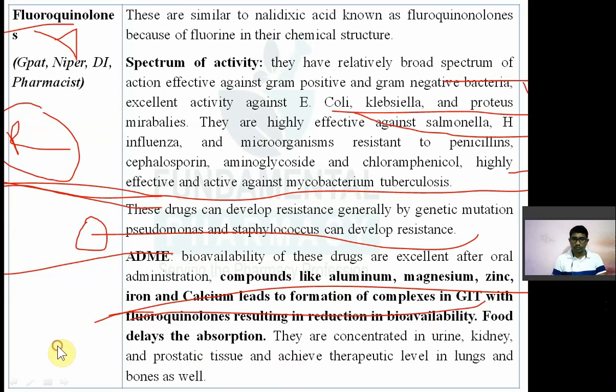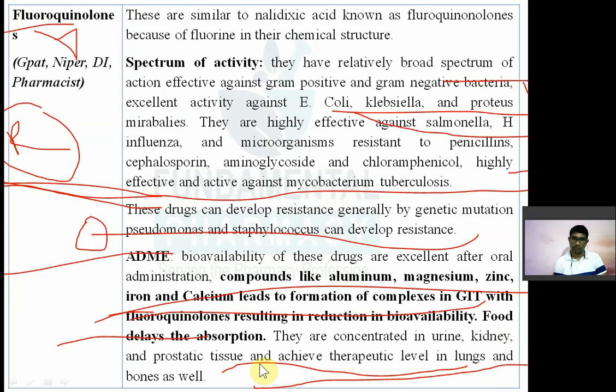Presence of food in the stomach also decreases absorption. They are concentrated in the urine, kidney and prostatic tissue. Adequate levels are also found in the lungs and bones, because these drugs have a fluorine atom in their structure. That's why they can get access to the bones. Other drugs cannot reach the bone. As these drugs have a fluorine atom, they can reach the bone.